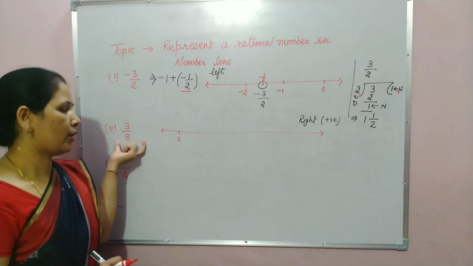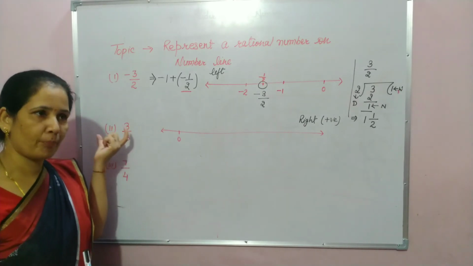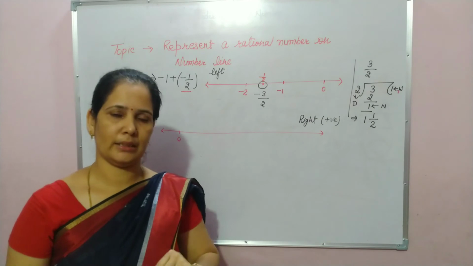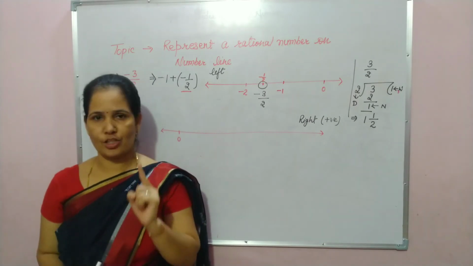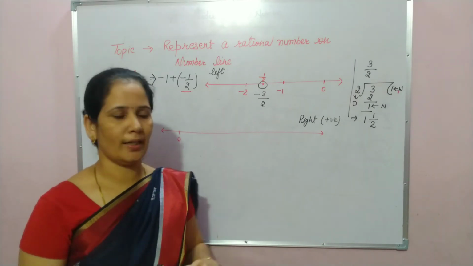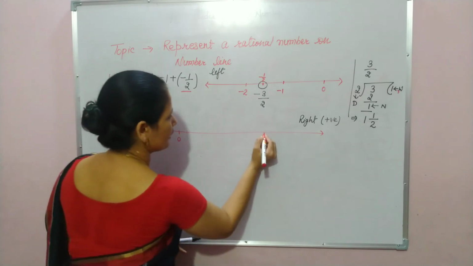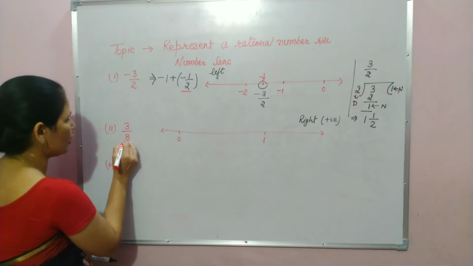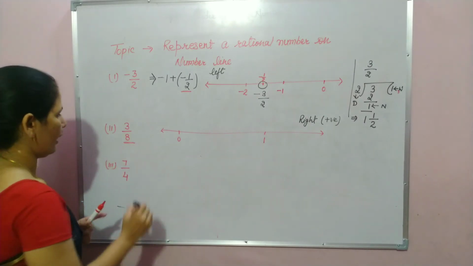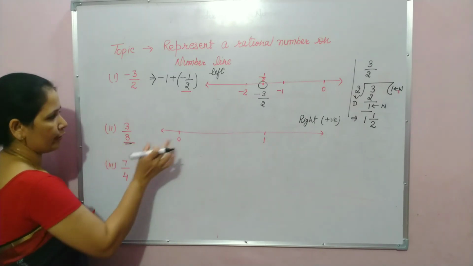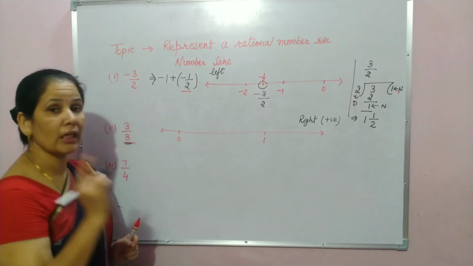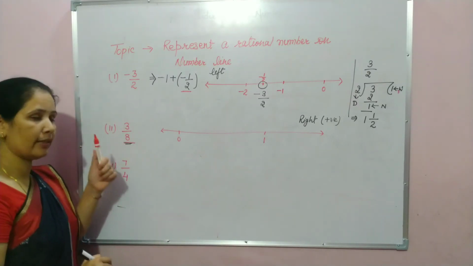So students, keep in mind, a proper fraction is always less than 1. So first we mark here 0 to 1. And according to the denominator, we divide this unit 0 to 1 into 8 equal parts, because the denominator is 8.